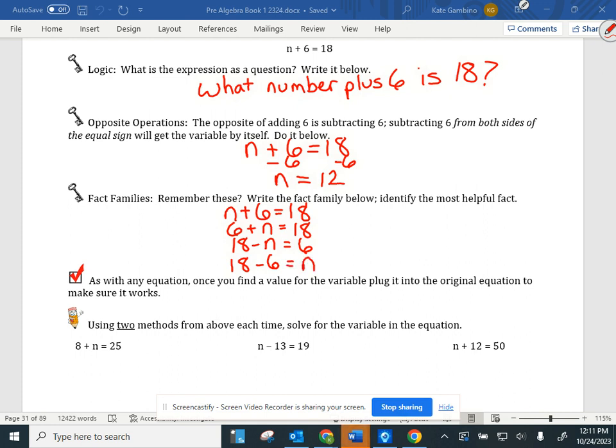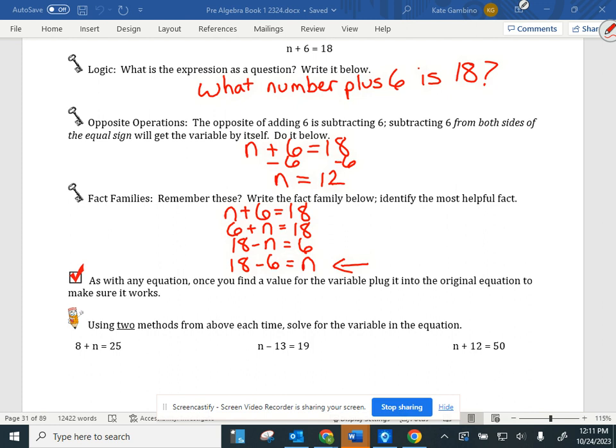Which one of those fact families is going to help us the most, Matthew? The fourth one. Yeah, that last one, 18 minus 6 equals n. That one's going to really help us know what n equals. So we have 18 minus 6, we know it's going to equal n, which is that 12.